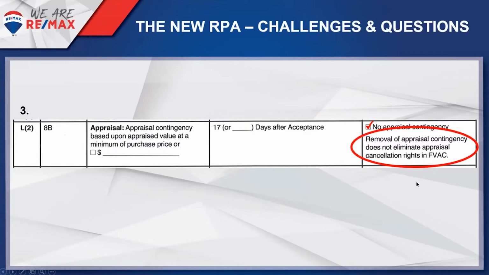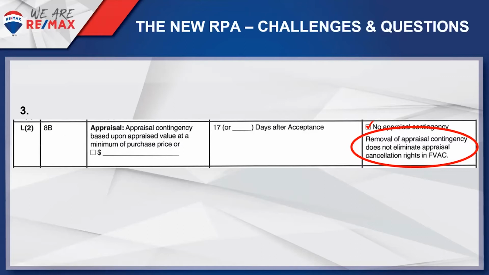Now, keep in mind, we talked about this before, if the loan specified on the contract is a FHA or VA loan, then an FVAC is going to be required, and that has an appraisal contingency cancellation right, sort of a second contingency, if you will, which cannot be waived, notwithstanding any other document in the transaction.